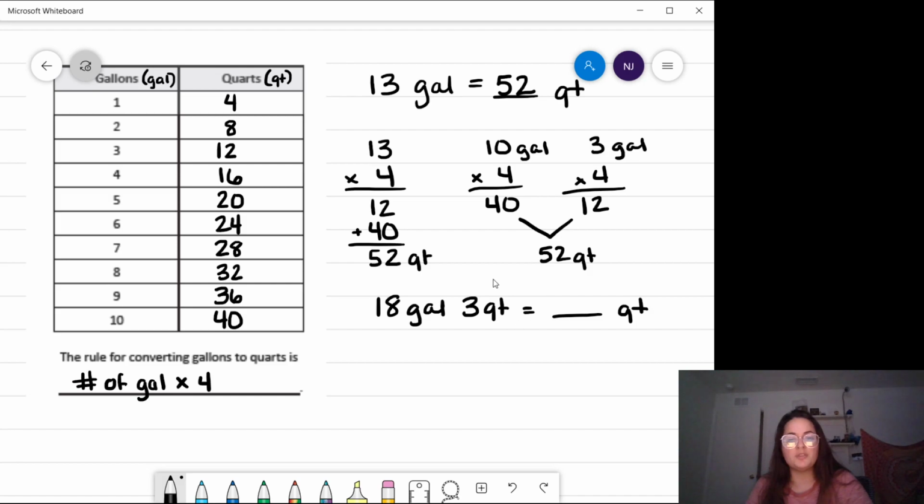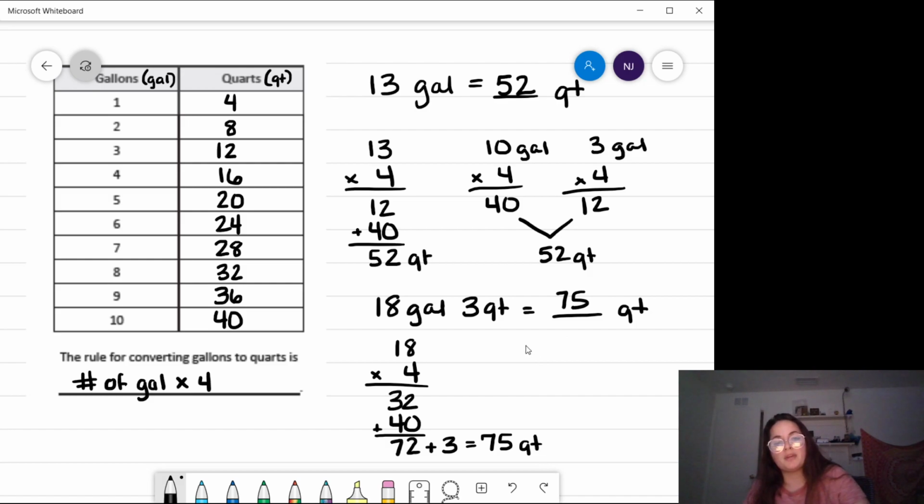All right, so we can do the same thing that we did up here. We can follow our rule by taking our number of gallons, 18, and multiplying it times 4. We can do 8 ones times 4 ones, which is 32. 4 ones times this 10, which is 40. Add it all together, and we get 72. But then we would need to add on these 3 quarts that we already had to give us 75 quarts.